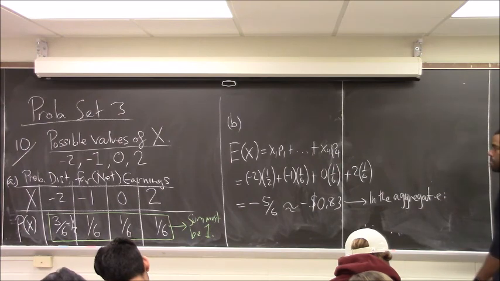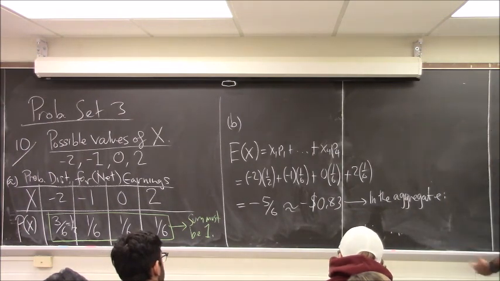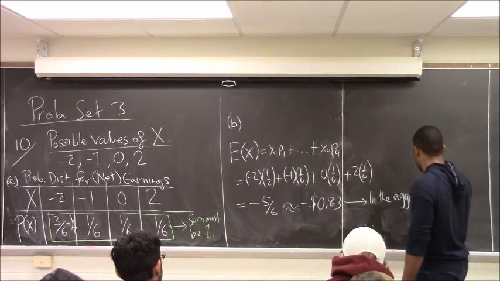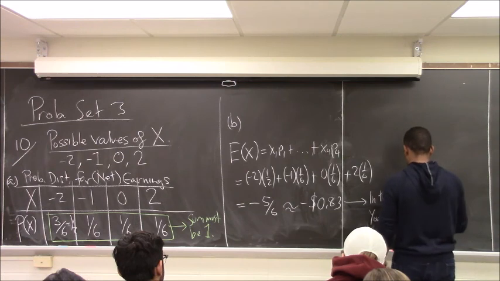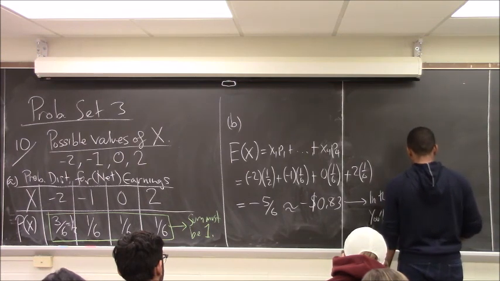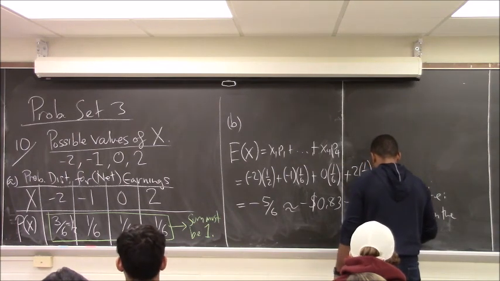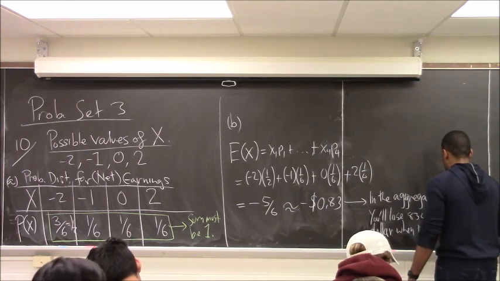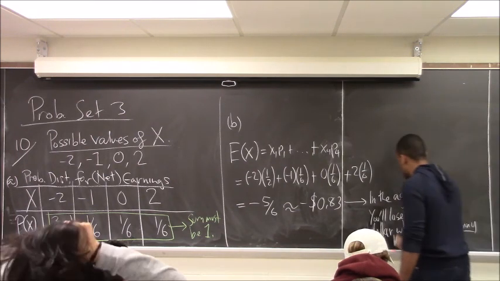So if you play this game 100 times, you're going to be down $83. The more you play, the closer you get to losing that percentage on average. You lose 83 cents in a dollar when playing many times.